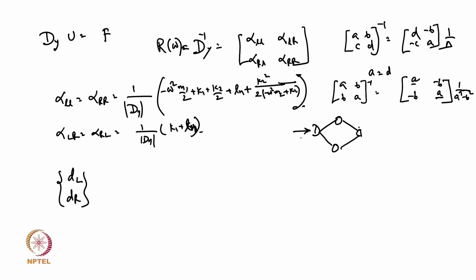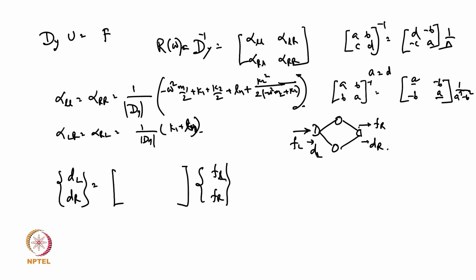I am applying the force FL here and it has a displacement dl. The force here is Fr and it has a displacement dr. So this is equal to alpha LL, alpha LR, alpha RL, alpha RR times FL, Fr.